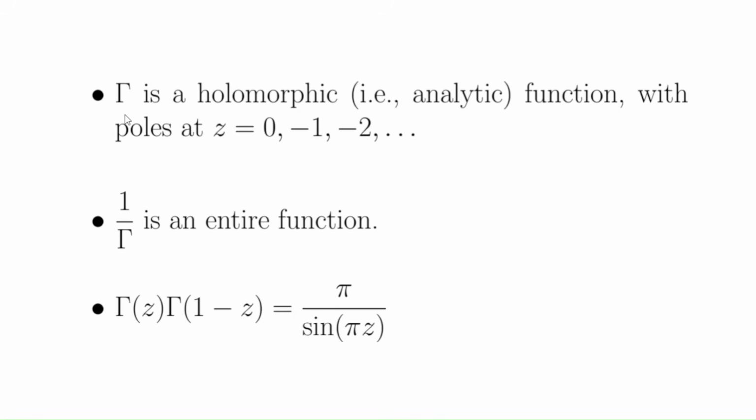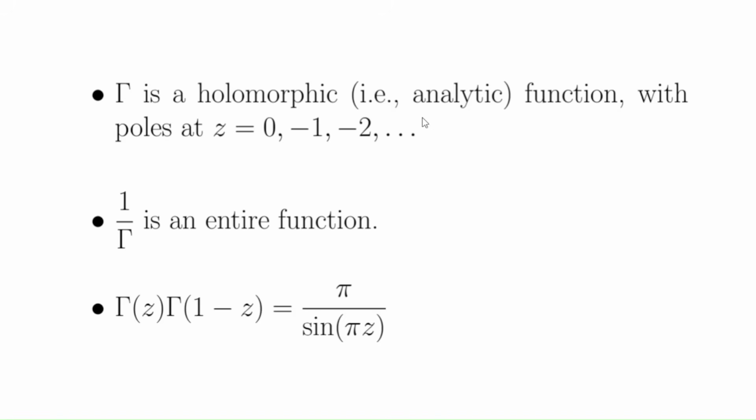Now, a couple things about this complex function gamma. It's a holomorphic function, or in other words, an analytic function with poles at 0 and at the negative integers. What does it mean to say that gamma is analytic in plain terms? Well, it means that gamma isn't just a continuous extension of the factorial function to the complex numbers, but it's incredibly smooth.